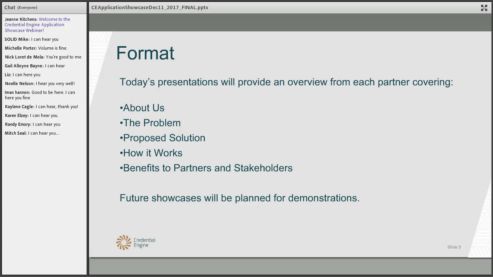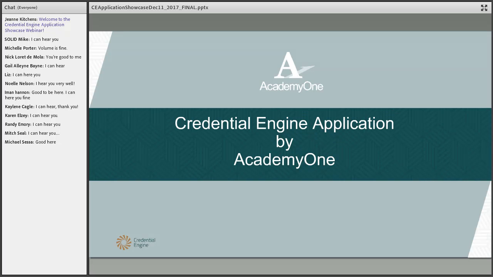They'll talk about the proposed solution, describe how it works, and then the benefits to partners and stakeholders. And then future showcases will be planned for demonstration. So today's showcase will use PowerPoint presentations, and then on down the road, as the applications begin to integrate Credential Engine technologies, we'll come back and do some demonstrations as well.